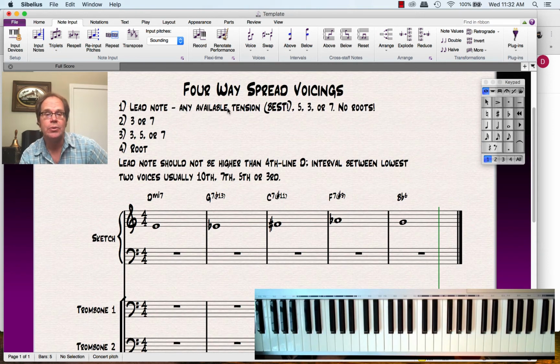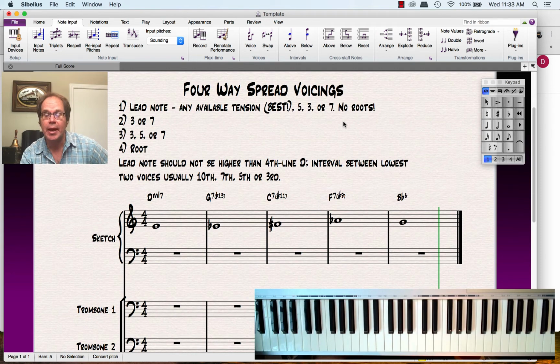The lead note, notice here, any available tension, and I put best. If you notice in my example here that I wrote, all of the lead notes are available tensions on those particular chords. You do not ever want to put a root as your lead note. These spread voicings are generally going to be voicings that you're composing in your arrangements to create some sort of pad.